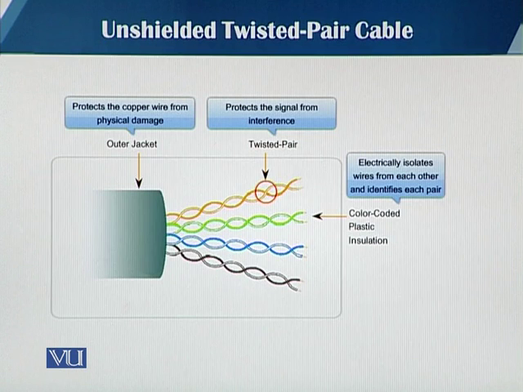And then these different wires are color coded so that the electric interference can be isolated. Similarly, there is an outer jacket which protects the copper wire from physical damage.